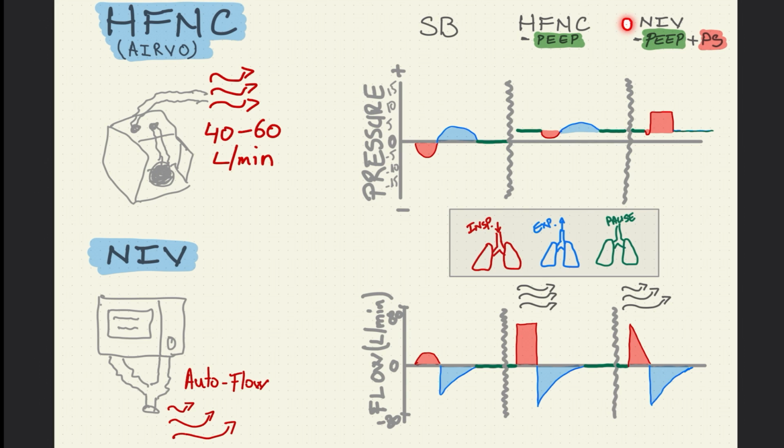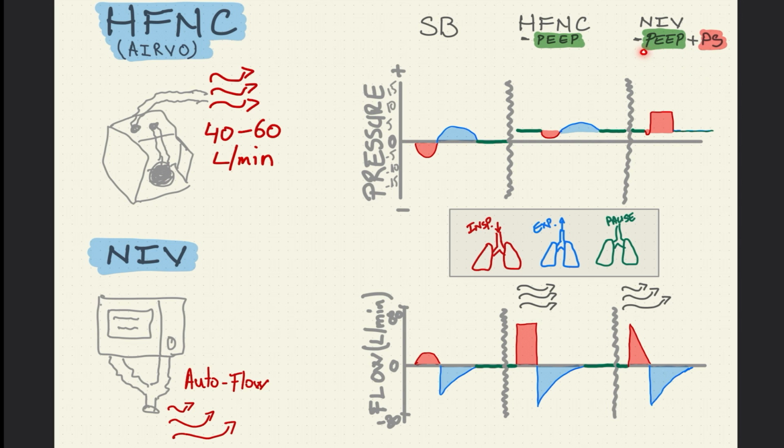Non-invasive ventilators administer flow at rates which are adjusted depending on the patient's needs. During the pause, the machine administers enough flow to keep a positive end expiratory pressure. This value can be adjusted by the operator and can be from 5 to 10.